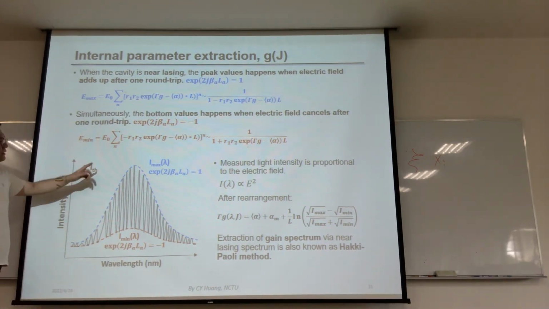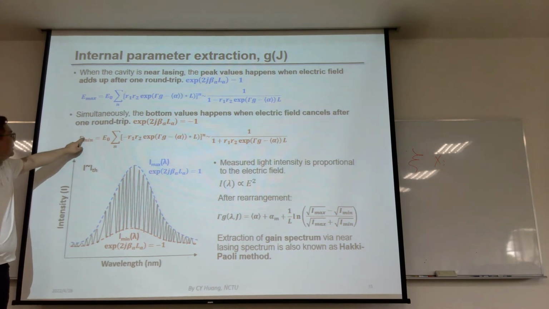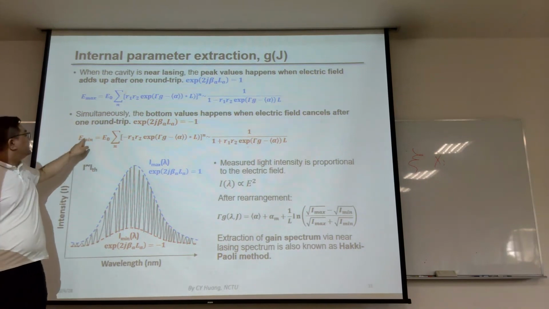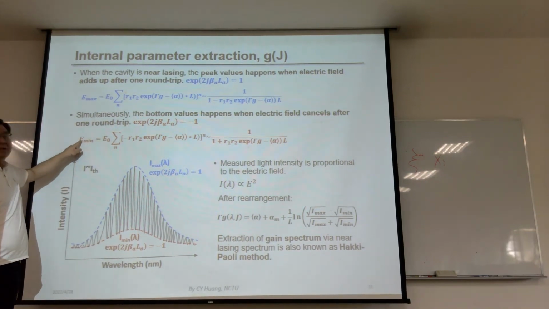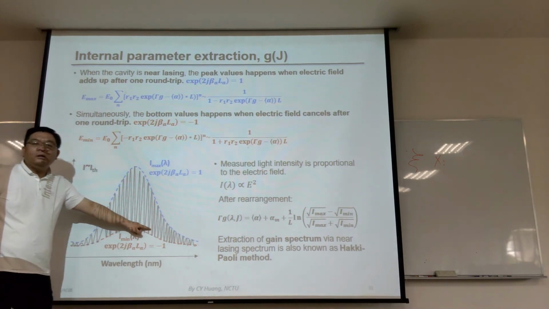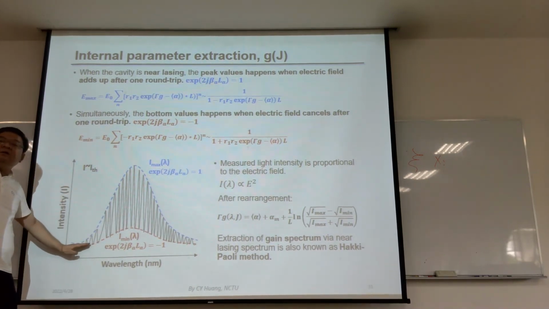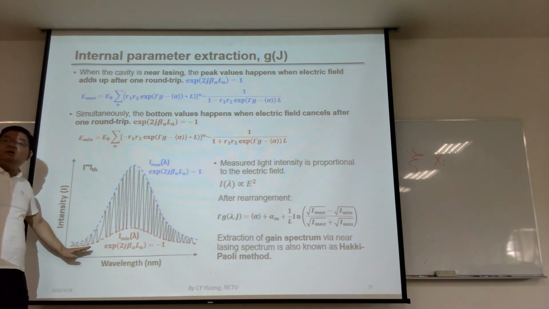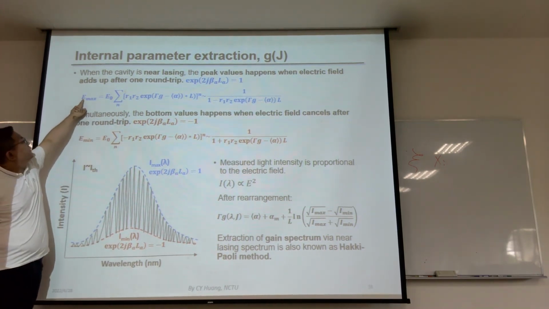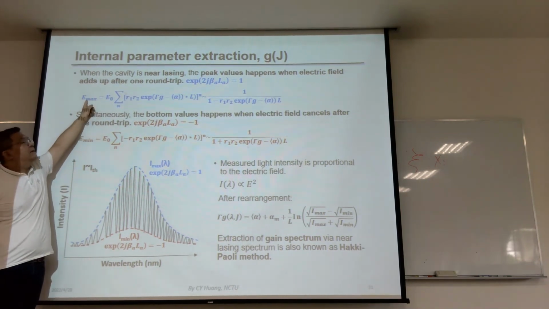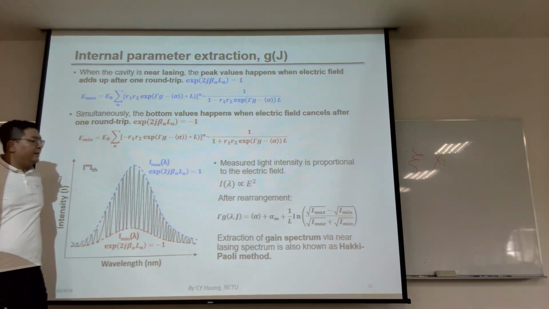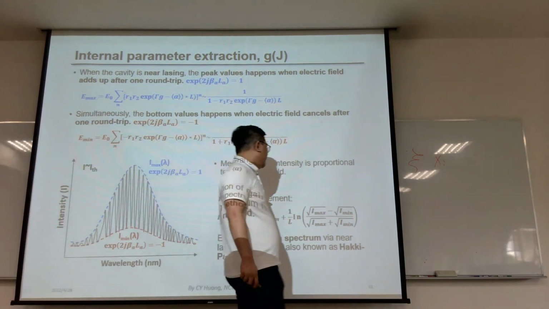And you take I as the square of E. So this will be the square root of I min, which is the lower envelope, and this is the high envelope. The left hand side becomes the square root of I max, and then compare both sides with a rearrangement.